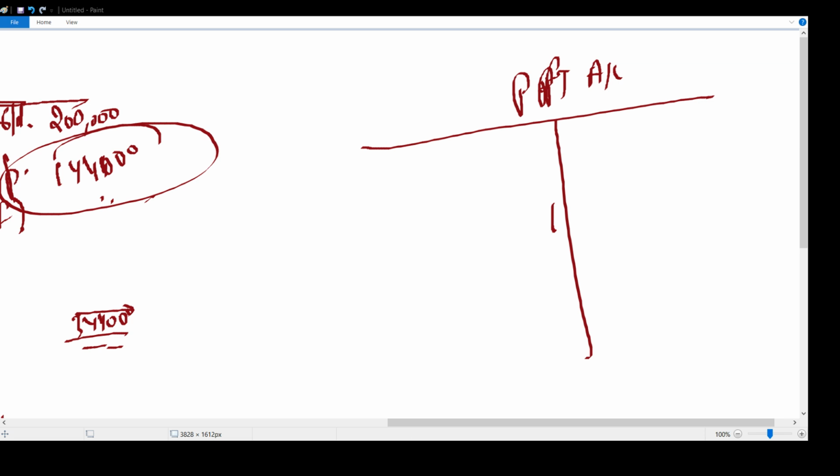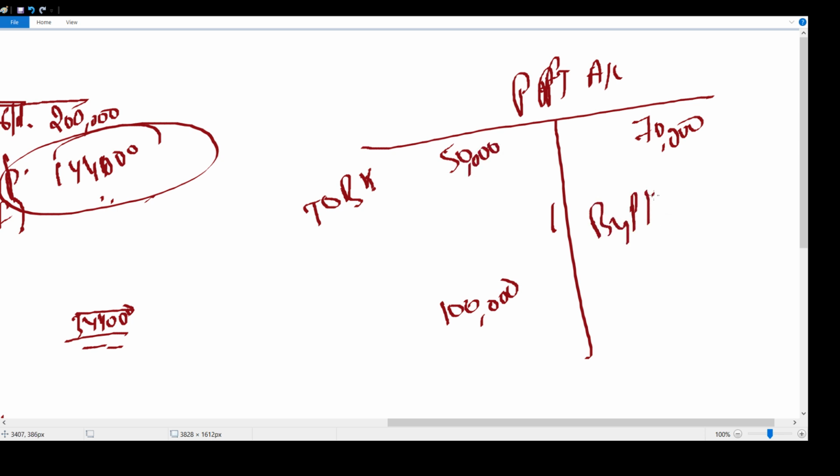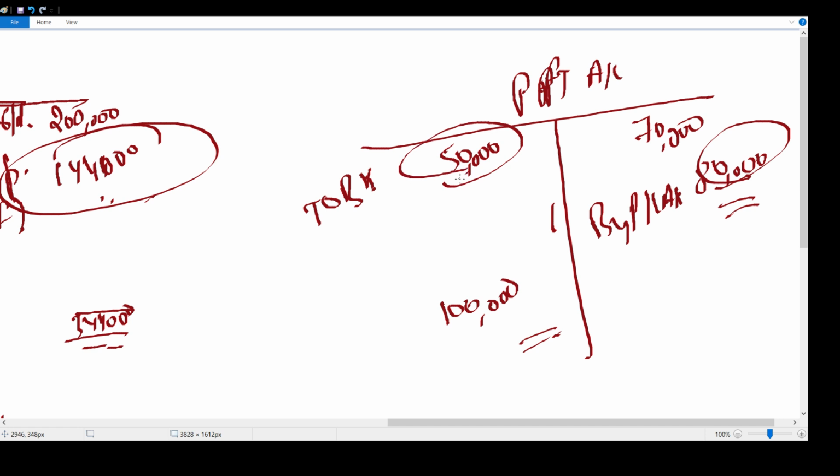To bank 50,000. And by profit and loss account, 80,000. Again, net profits, and it will be deducted from our operating activities. Okay, I hope till here you got all the points.